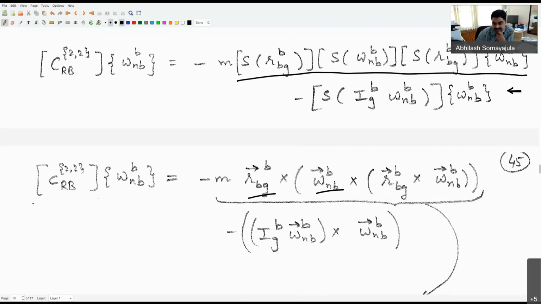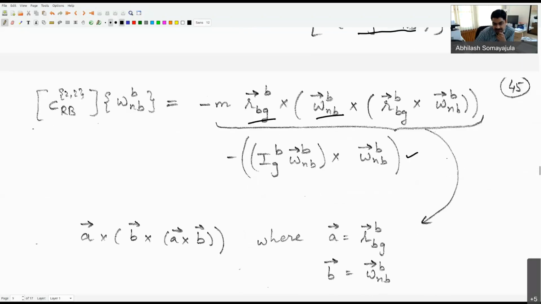Okay, and the bottom one is nothing but IGB omega cross omega. Correct? This term. Yes, cross product with this. All right. Yes, sir.